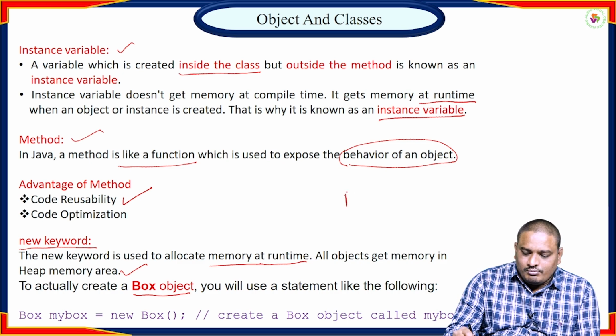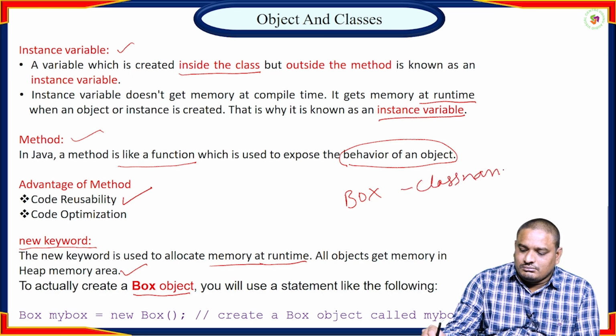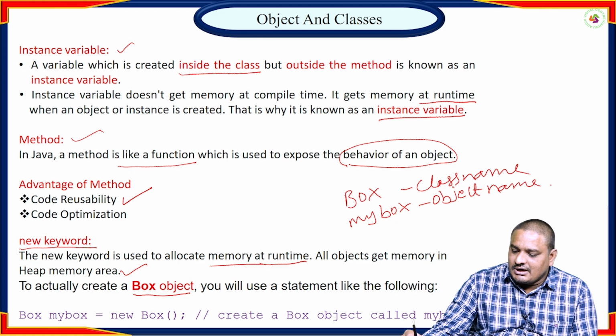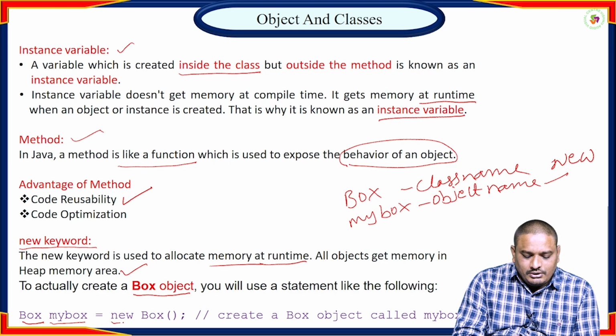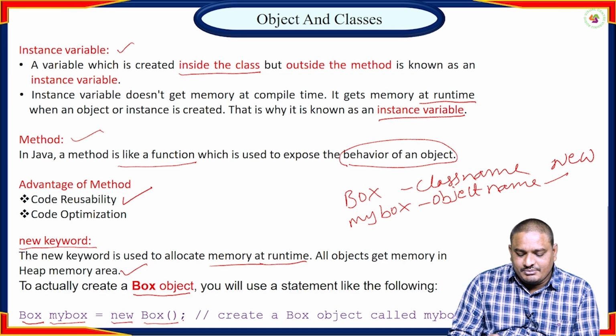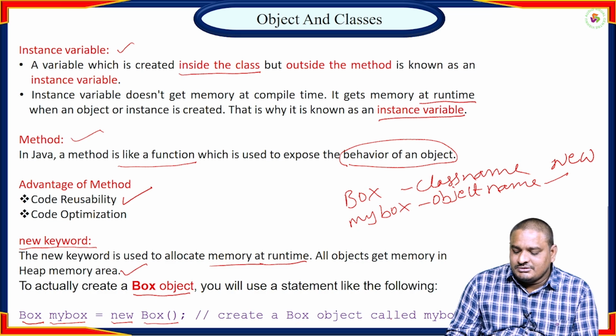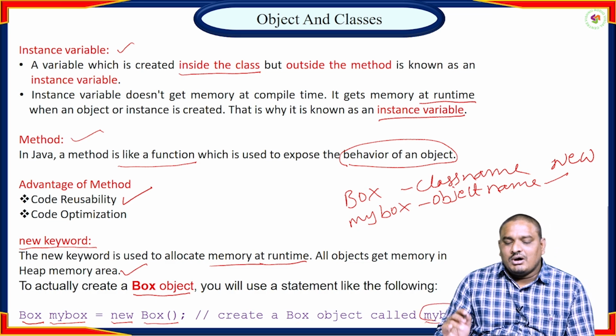Here Box is the class name, and myBox is the object name. The object is created by using the new keyword: Box myBox = new Box(); this statement creates a Box object.